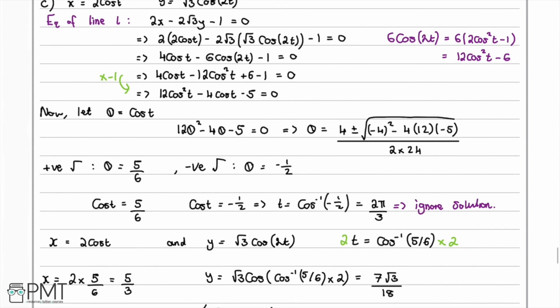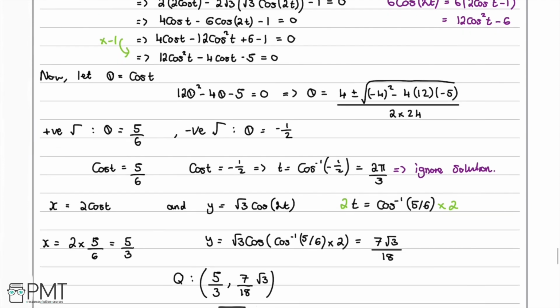We then received our fourth mark for solving this equation. So we've done it using the quadratic formula, and then concluding that cos t was equal to 5 over 6, and then getting to the fact that cos t was equal to negative a half, and then discarding it due to the fact it was already used from the previous part of the question. That is the point P, so we hence ignore it, and that is how we get our fourth mark.